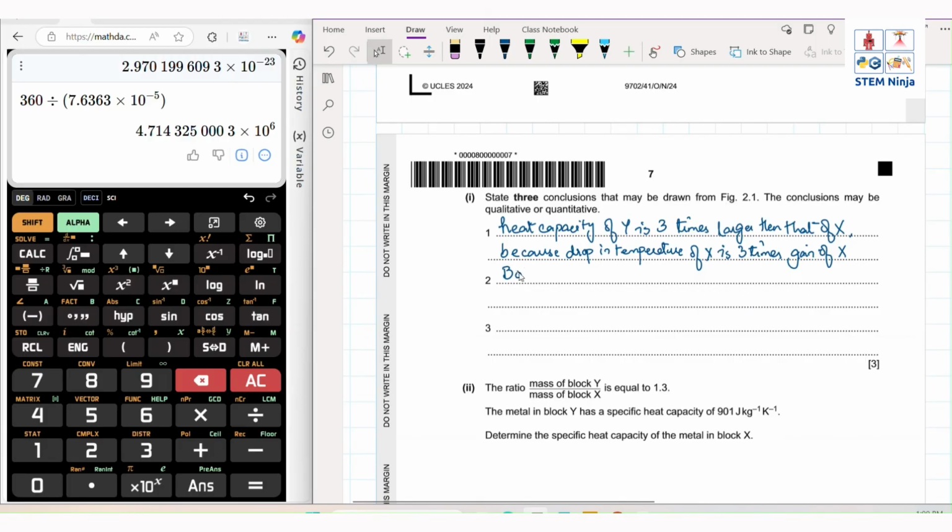Both objects attain thermal equilibrium as they have a common final temperature.